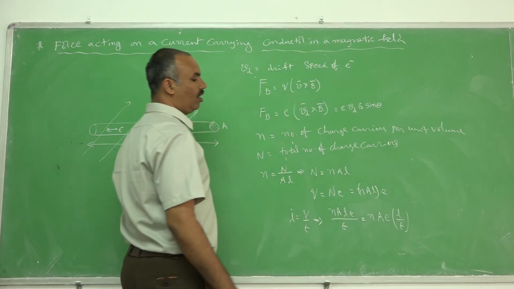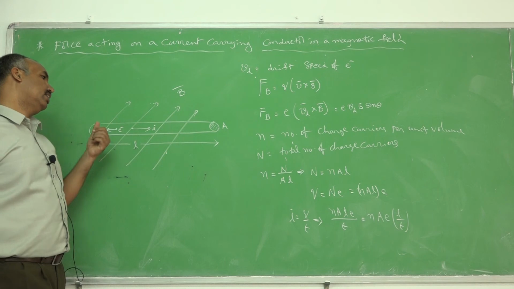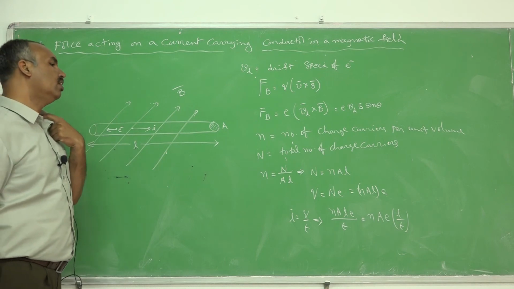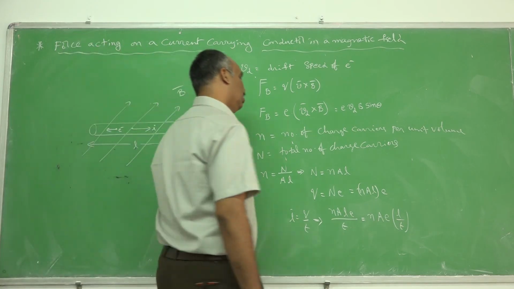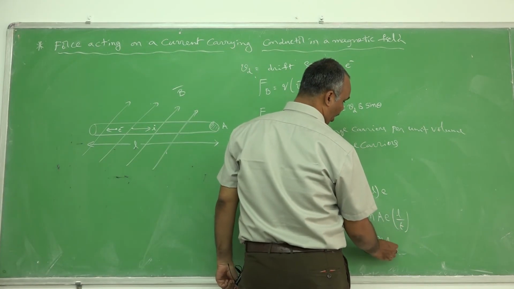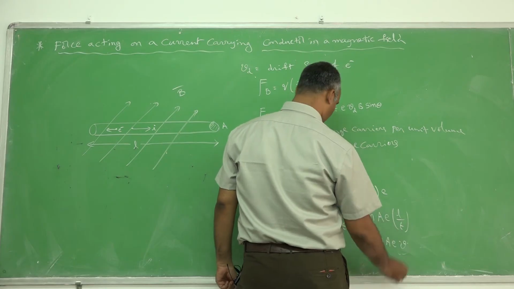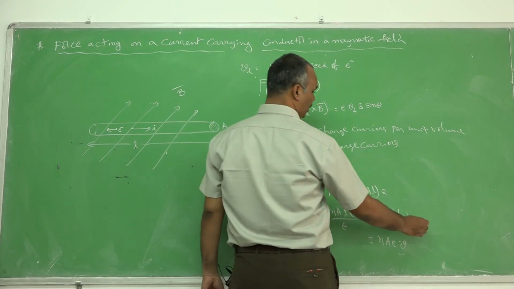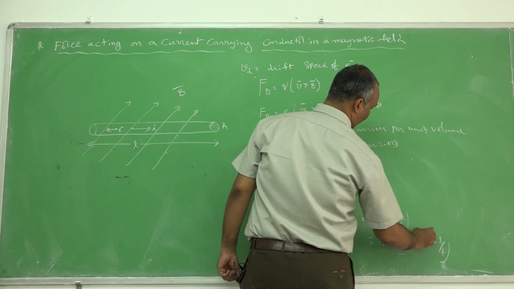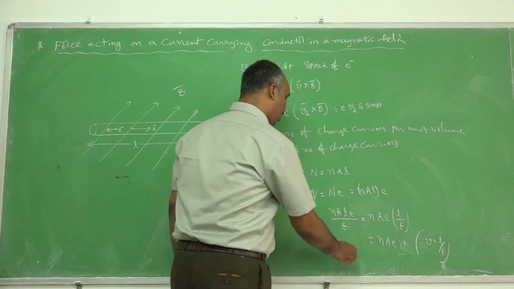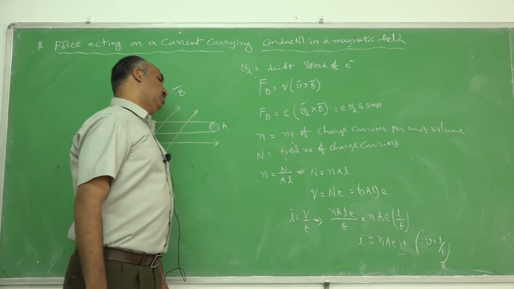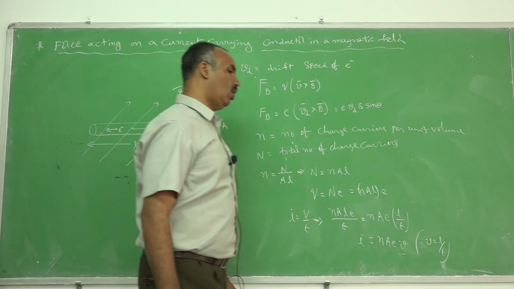L is the length of the conductor, t is the time taken by the charge carrier to move through the conductor of length L. Therefore, distance by time is velocity. So I = nAev, since v is equal to L by t. It is the strength of current here.